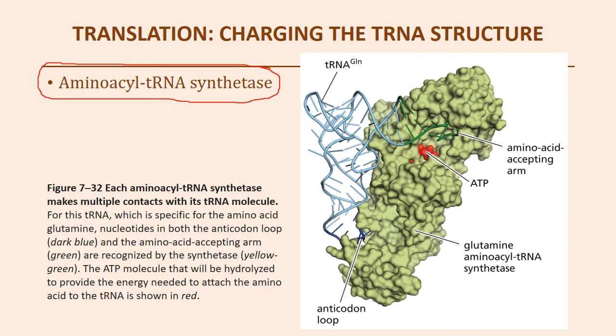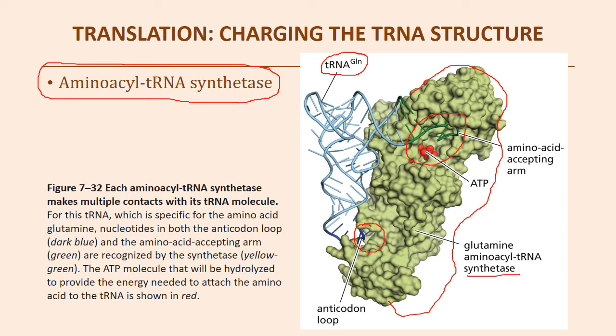Now, the way it's going to work is, as you can take a look at your illustration on the side, in blue, we are representing our tRNA, and then here in this green structure, you can see that this is your synthetase enzyme. It's making multiple contact points with the tRNA, including interacting with its anticodon loop and its amino acid accepting arm.